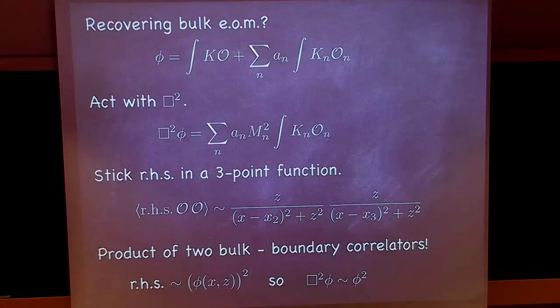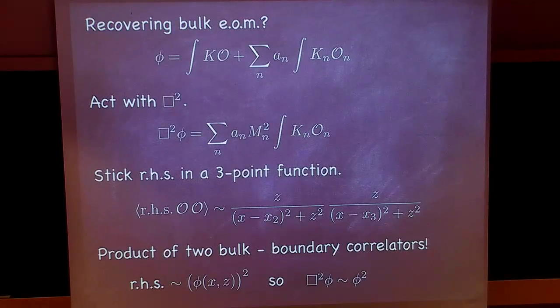And what you get, it factorizes. Each of these factors is actually a bulk boundary two-point correlator. This first factor is the bulk boundary correlator for a bulk point with a boundary point x2. This other one is the correlator for a bulk point with a boundary point x3.